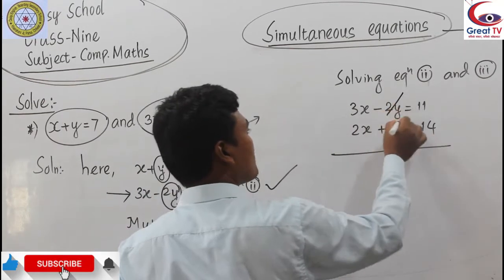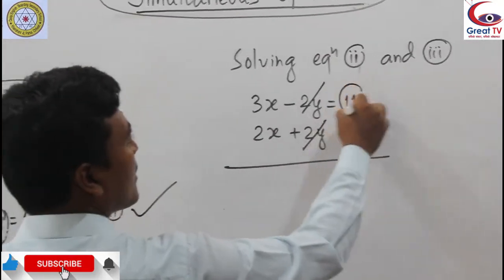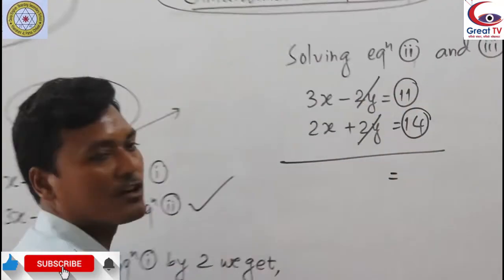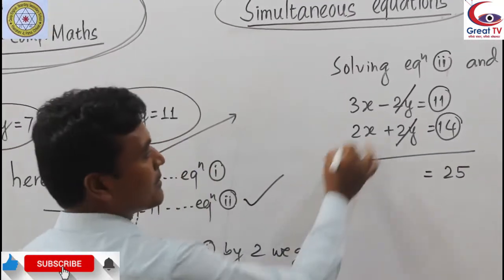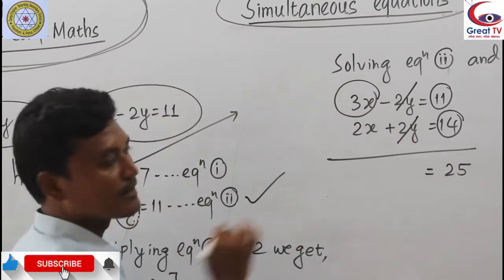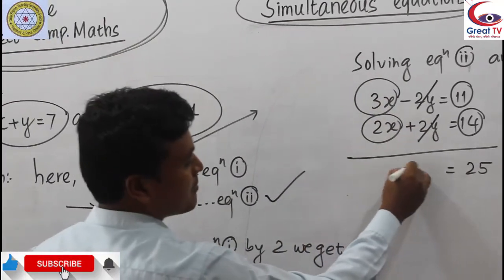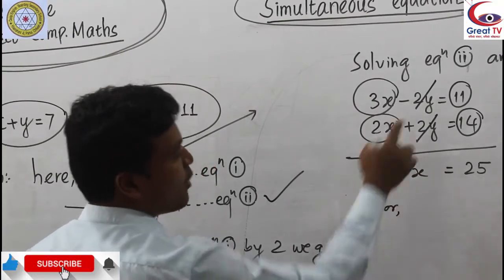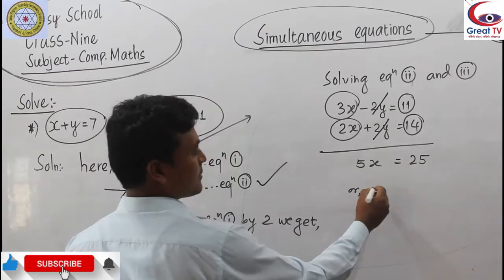Minus 2y plus 2y cancelled, equals right side 11 plus 14, that is 25. Here we have 3x, here we have 2x. Both are positive, so they should be added: 5x. The y variable we eliminated.